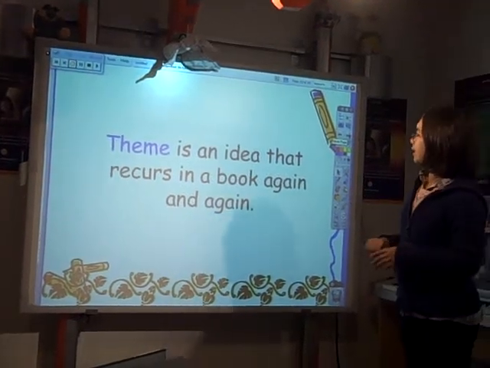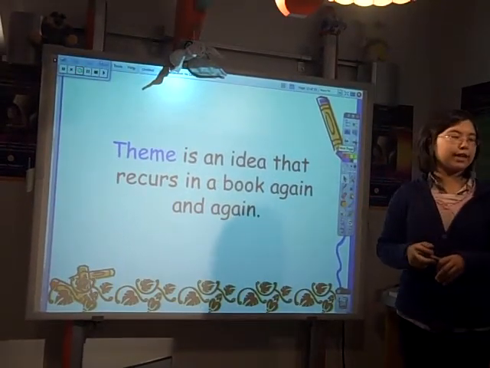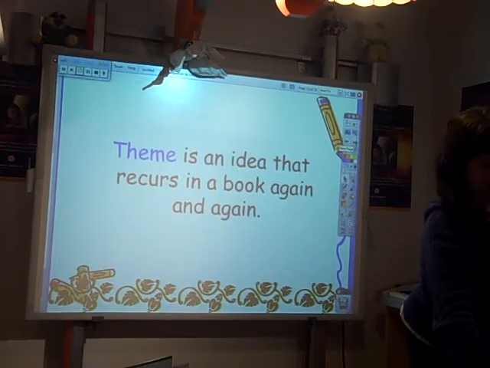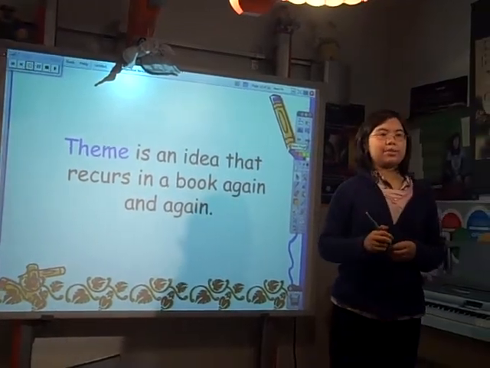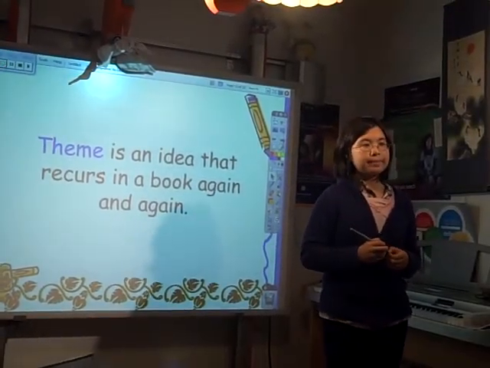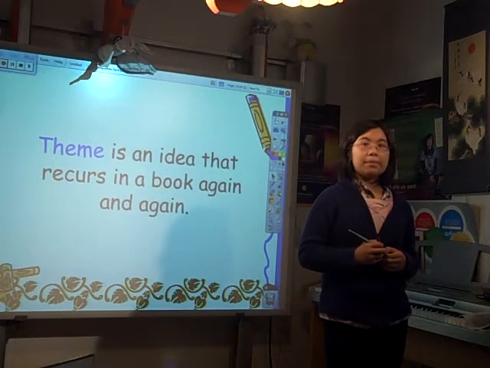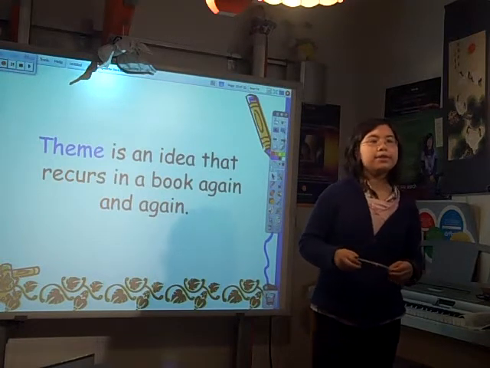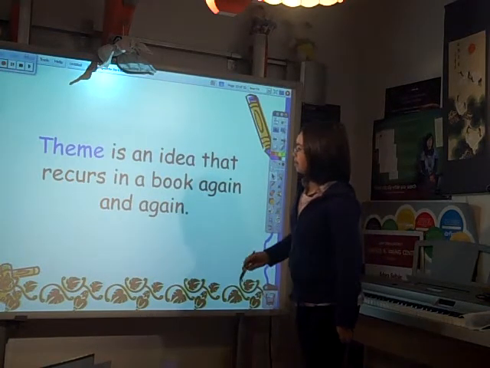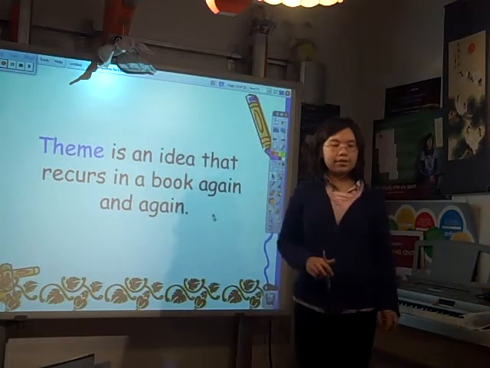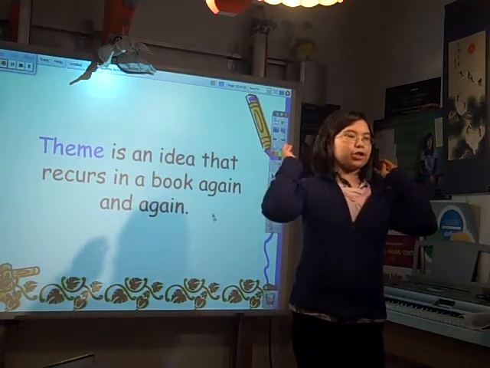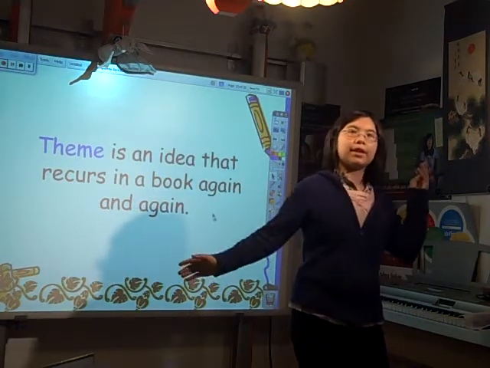It's about... So theme is an idea that recurs in a book again and again. What do I mean when I say theme is an idea that recurs in a book again and again? It happens a couple times. Well, it happens a lot over the book. So theme is something that one character doesn't just say at the beginning of the book and then it's over.